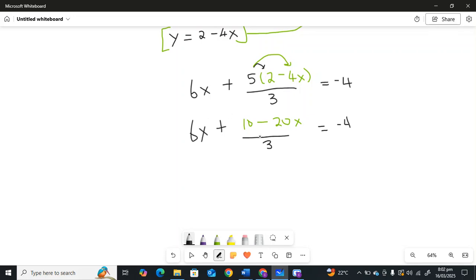So we solve this 6x plus 10 minus 20x over 3, the way we solve fractions.